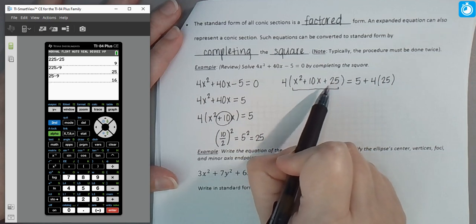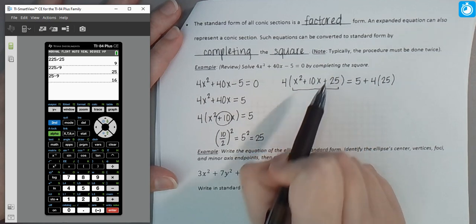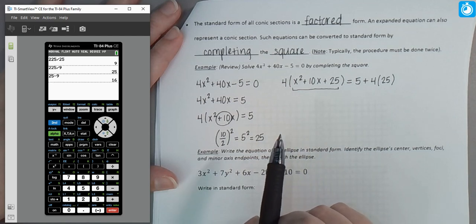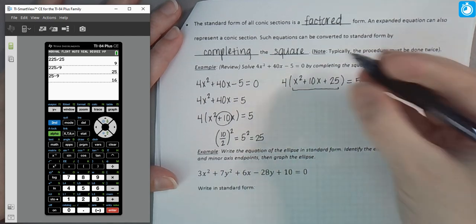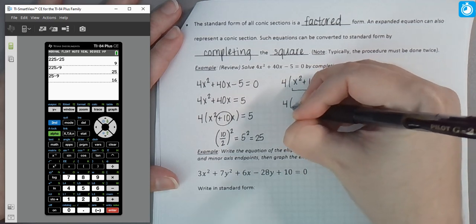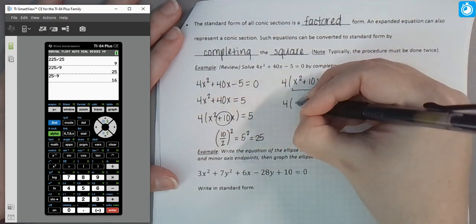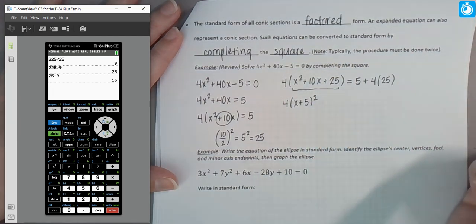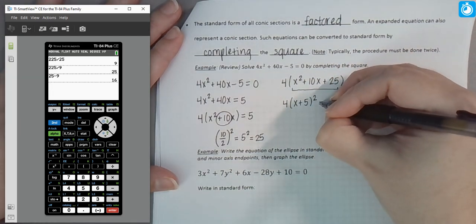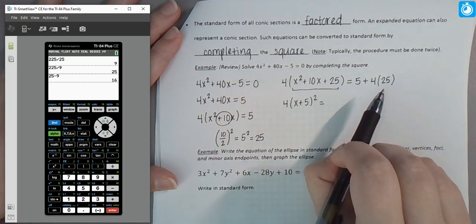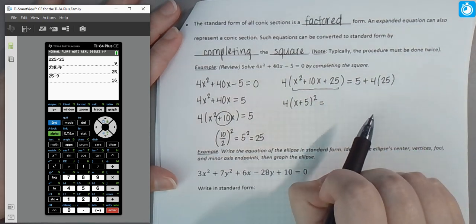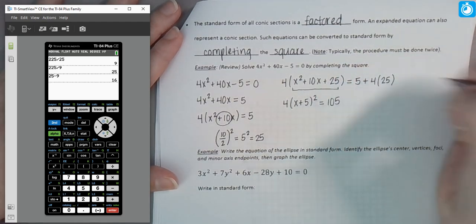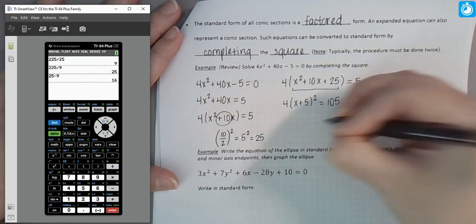So we're looking for numbers that multiply to give 25, that also add to give 10, and those two numbers would be positive 5 and positive 5. So when we write the factorization of that trinomial, it's x plus 5 times itself, otherwise known as x plus 5 squared. And then on our other side, 4 times 25 is 100, 100 plus 5 is 105, and that's really all we need from there.